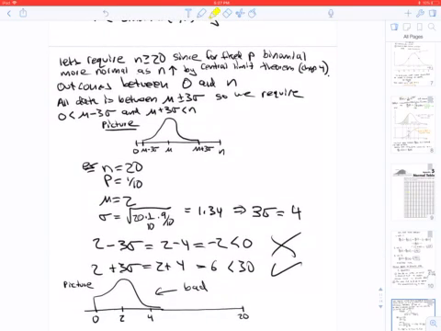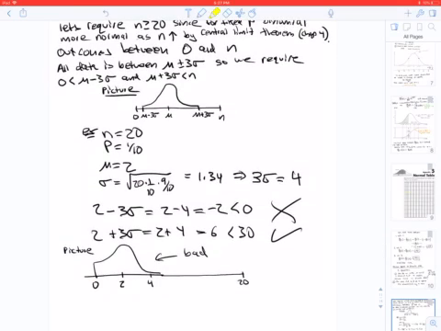So we have a picture like this, right? Because our outcomes are between 0 and n. So this is going to require that mu minus 3 sigma be greater than 0 and mu plus 3 sigma be less than n. So with that requirement, we should be good.